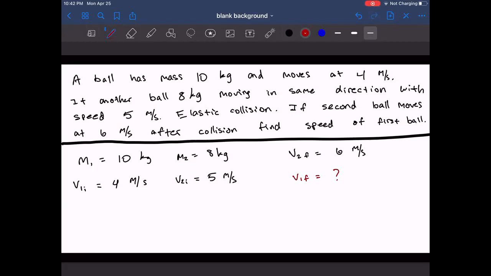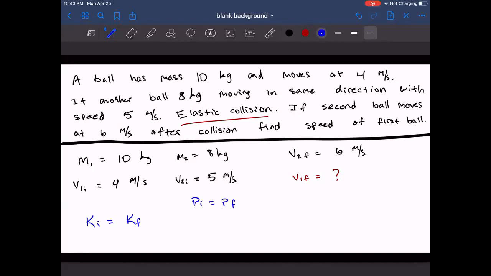I think we haven't used this yet. If you see elastic collision, I would try to use, if you can remember, Ki equals Kf. This one always works. That's what we've been doing. And it will always work because momentum's always conserved.